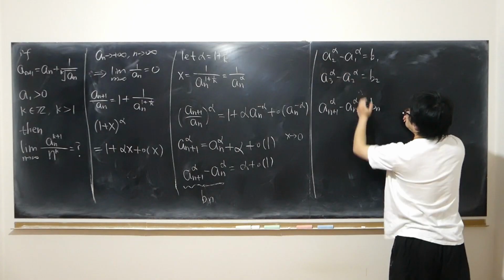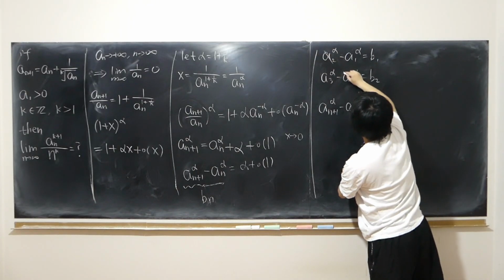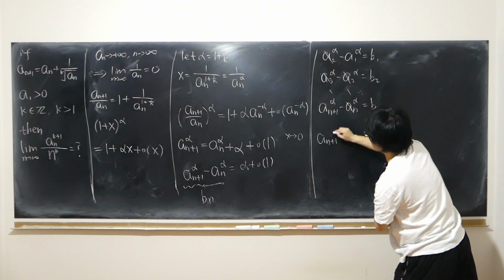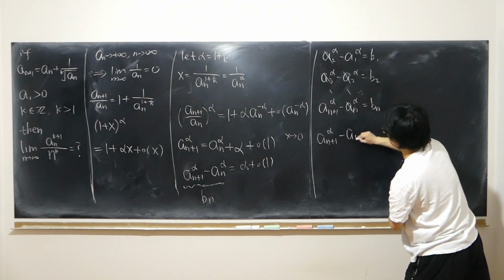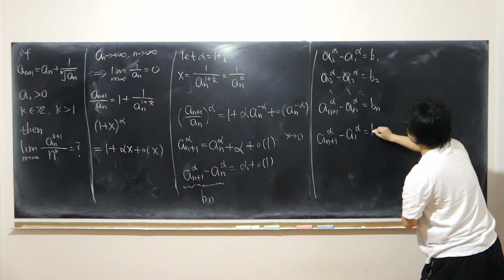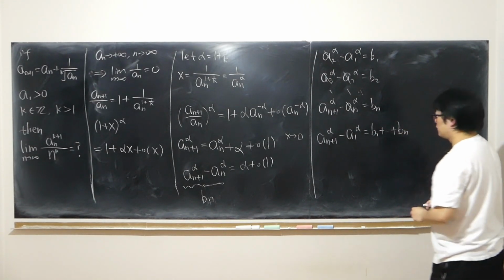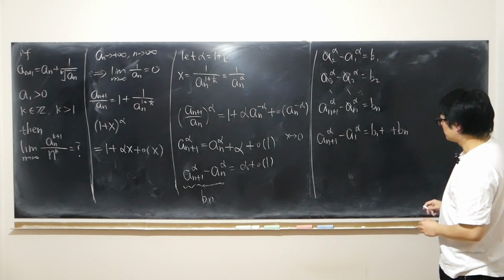So when you add them up, a_{n+1} to the alpha minus a_1 to the alpha is equal to b_1 all the way to b_n. So how is this helpful?